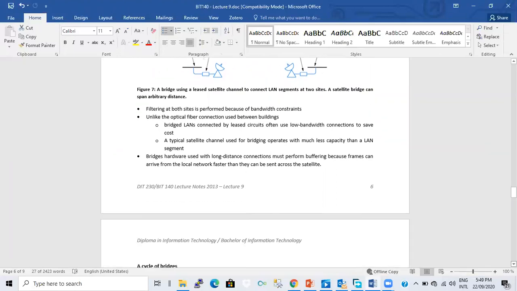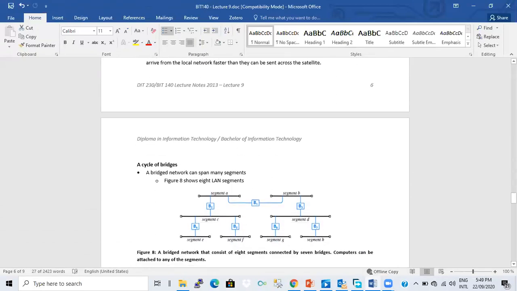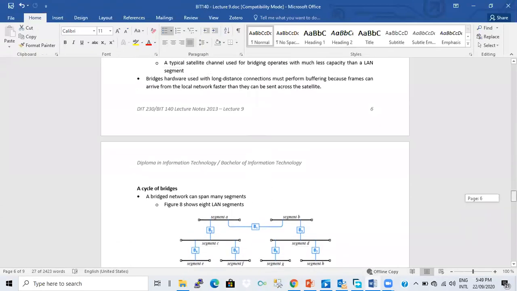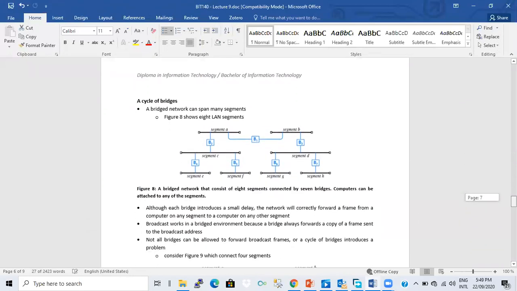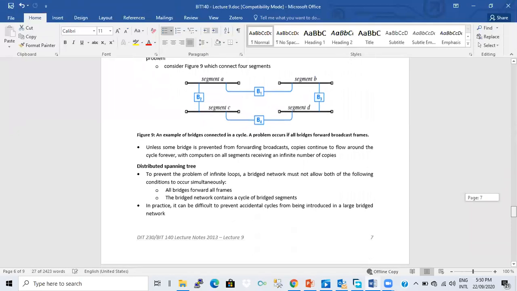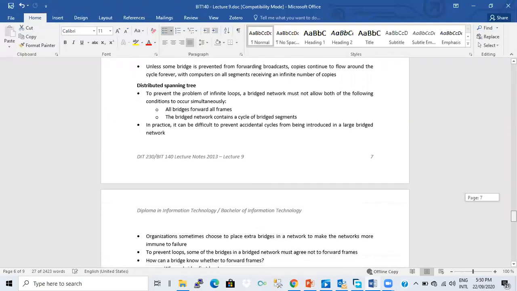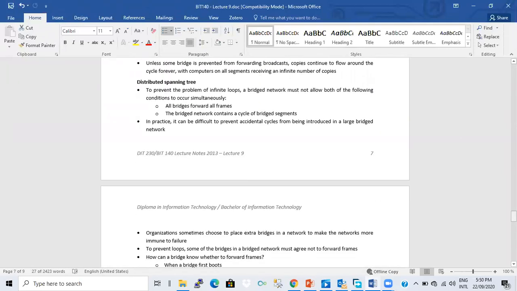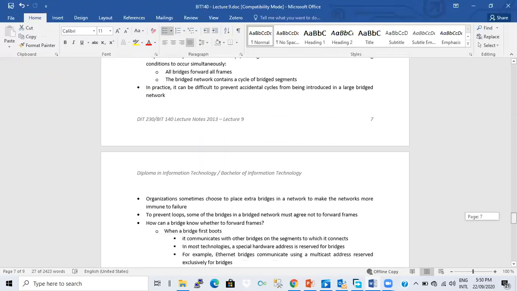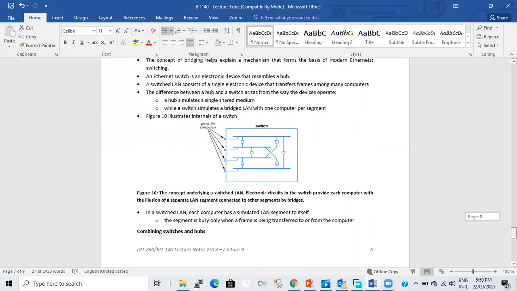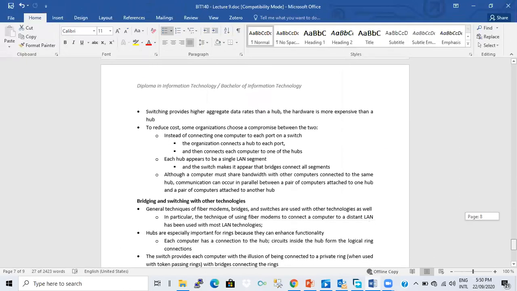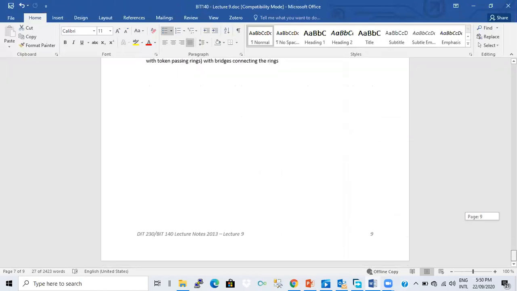So basically, that's what I expect you to know in handout 9. The other things there, just read through, but don't expect me to ask you questions. These are just for you to get familiar with how spanning trees and switching are done. But don't expect me to ask a lot of questions from there.